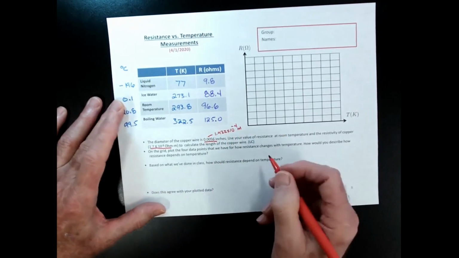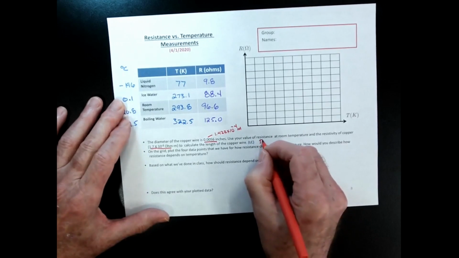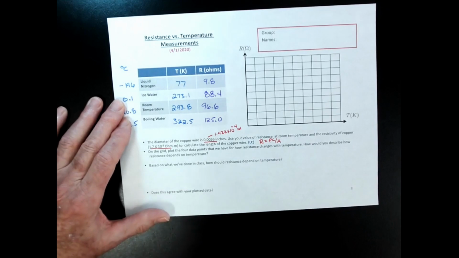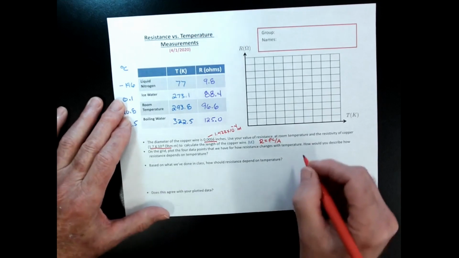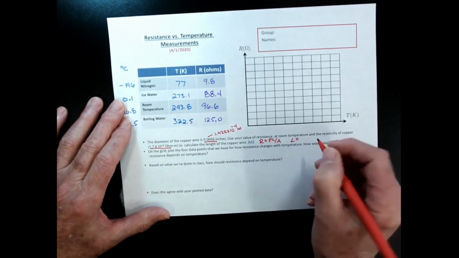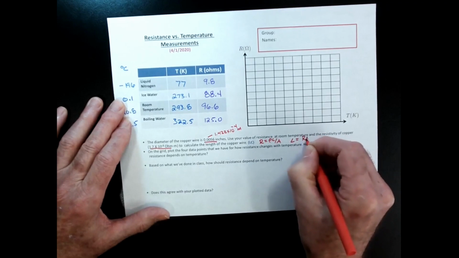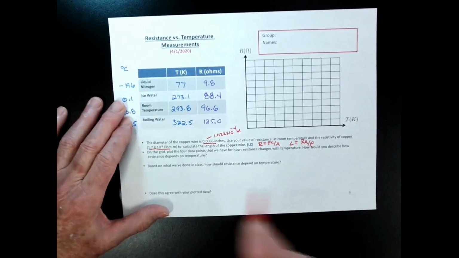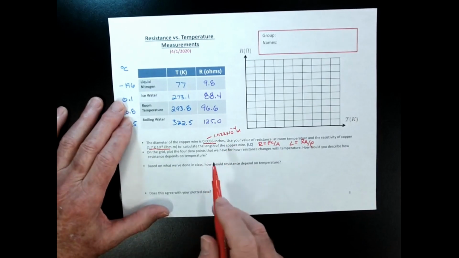And now we can use the fact that the resistance is rho L over A, and solve this for L. L is equal to R A, that's an A, over rho. Put in the numbers that we have. Everything is in MKS.